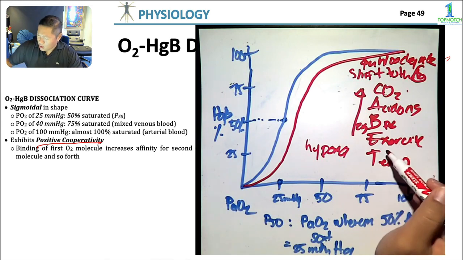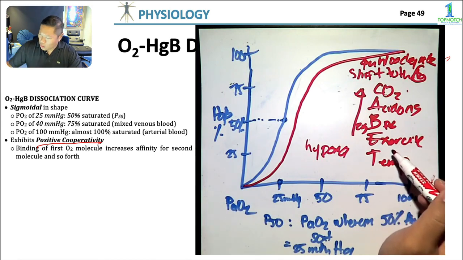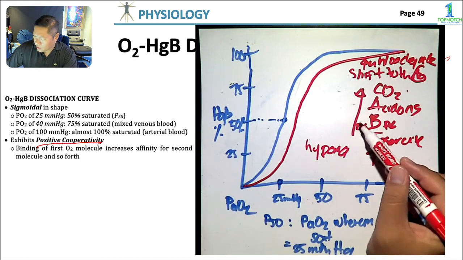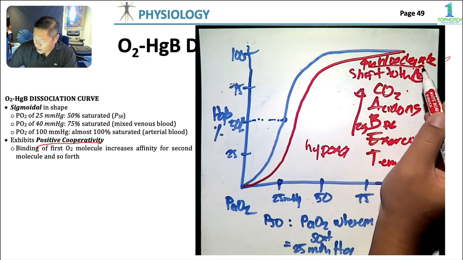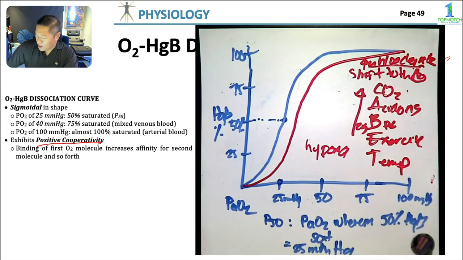Now, let us take a look. What is common to all of these 5? What is common to hypercarbia, acidosis, increased 2,3-BPG, exercise, and temperature? Common to all of these 5 is hypoxia. The tissues will experience hypoxia. Hypercarbia associated with hypoxia. Pag may acidosis ka, may hypoxia. Pag may 2,3-BPG ka, halimbawa, classic case niyan, high altitude or respiratory disease, like COPD.